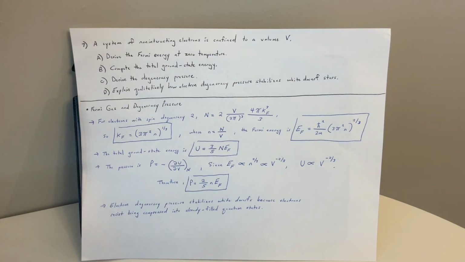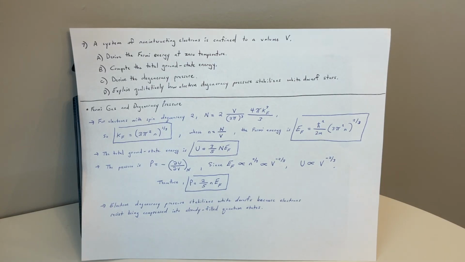Therefore, P is equal to 2/5 n E_F. And electron degeneracy pressure stabilizes white dwarfs because electrons resist being compressed into already filled quantum states. So that's a condensed version of these answers.